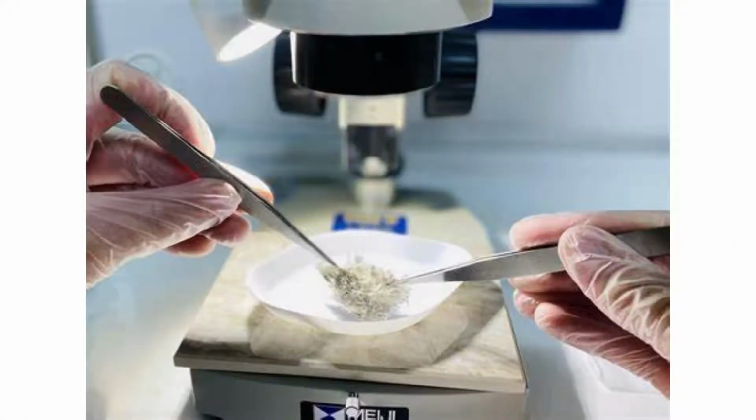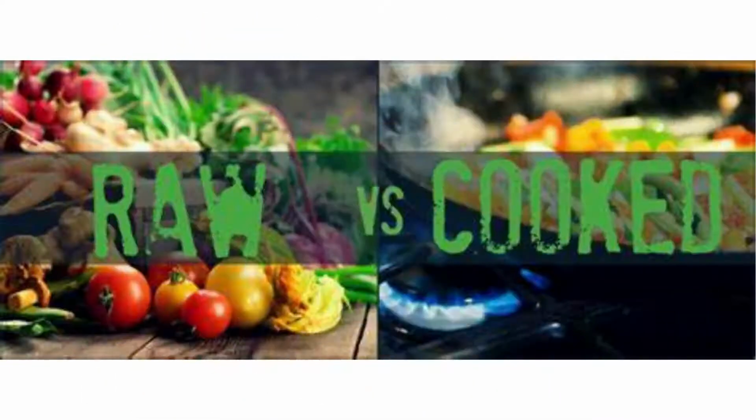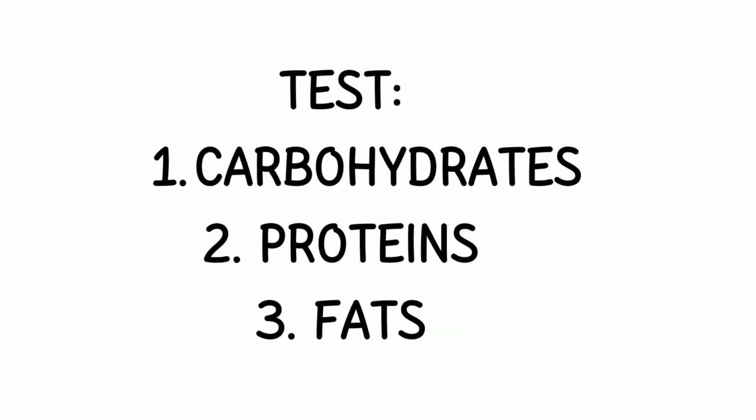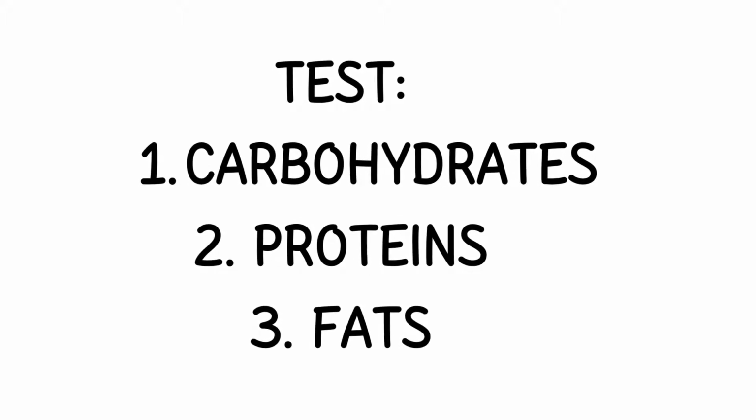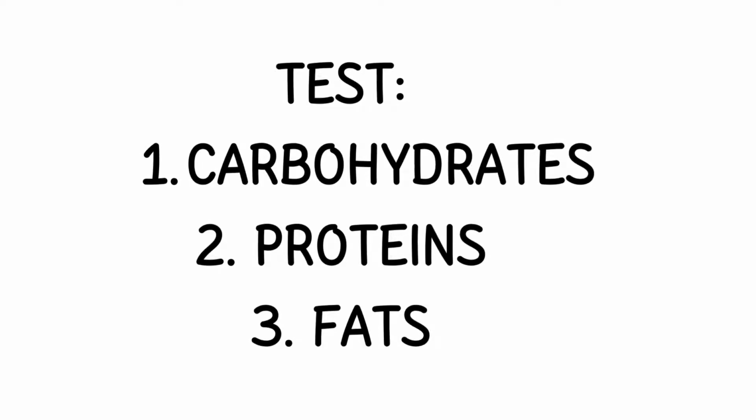With some simple methods, we can test whether cooked food or a raw ingredient contains one or more of these nutrients. The tests for the presence of carbohydrates, proteins and fats are simpler to do as compared to the test of other nutrients.